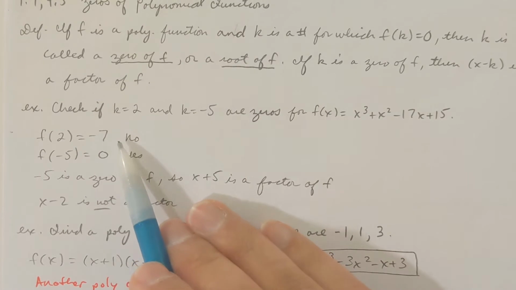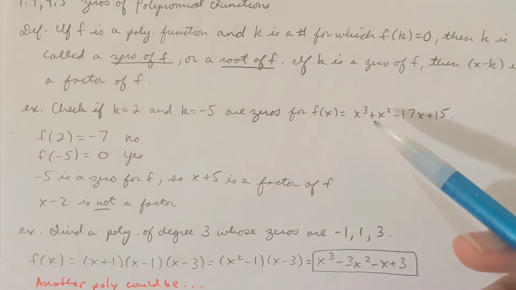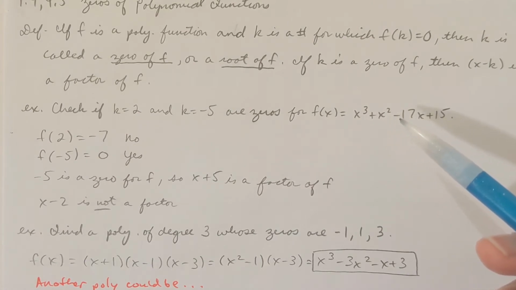Okay, so in my first example, check if k equals 2 and k equals -5 are zeros of f of x. Well, I basically need to plug in 2 and -5 and see if I get 0. If k is 2, then 2 cubed is 8, plus 2 squared is 12, plus minus 17 times 2 is 34.